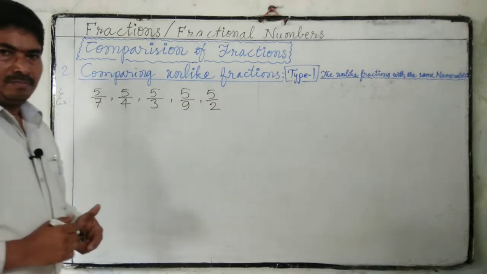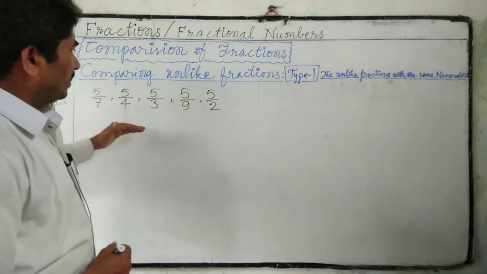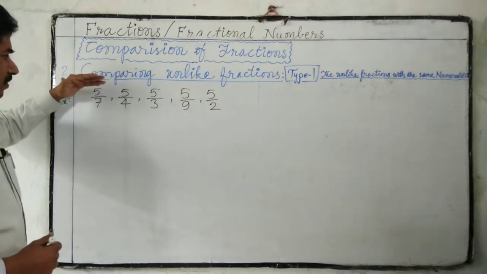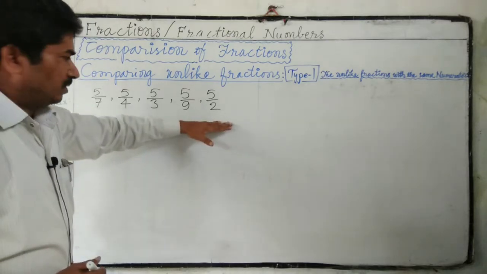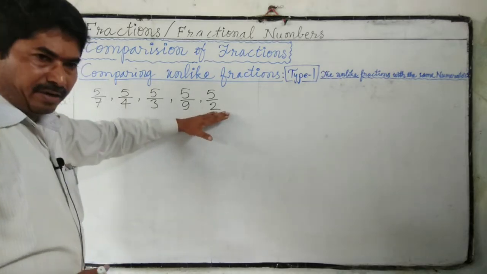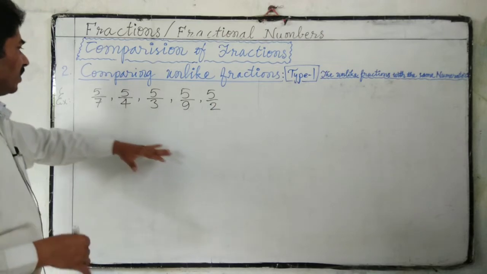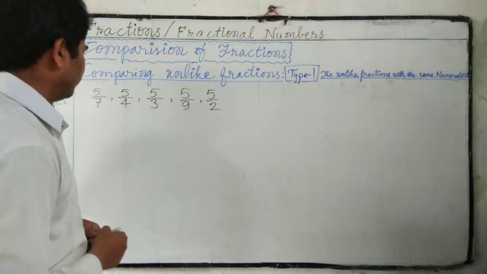To compare these unlike fractions with the same numerators, we have to compare the denominators. The fraction with the least denominator is the greatest fraction. The fraction with the greatest denominator is the smallest fraction.